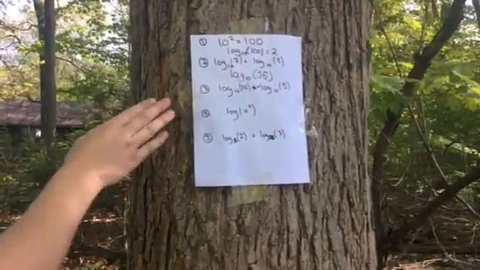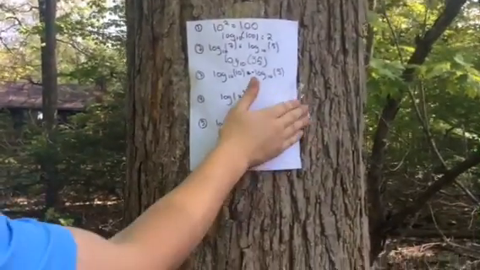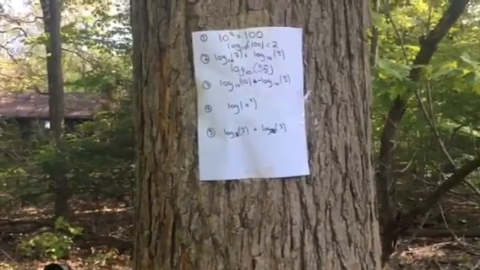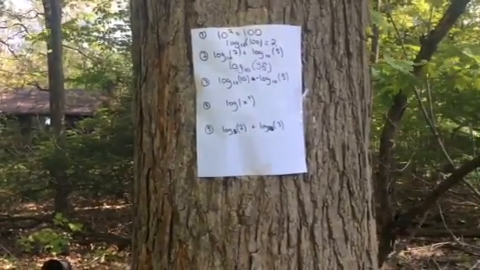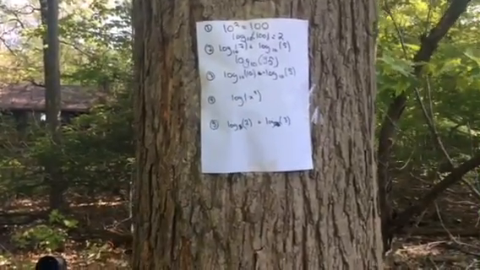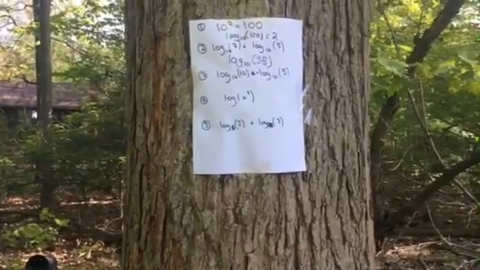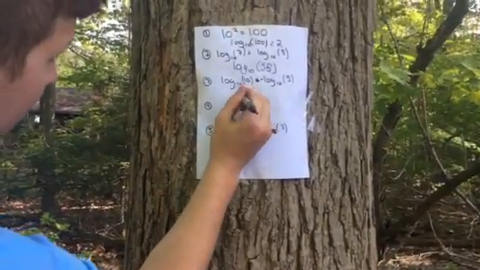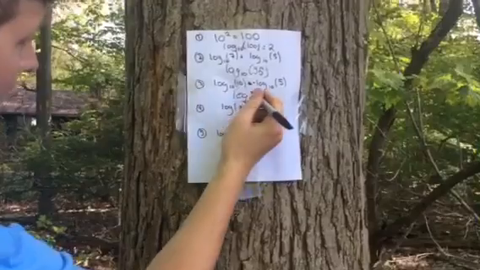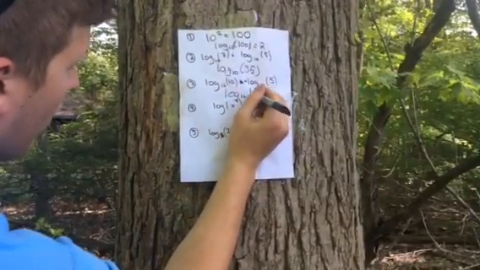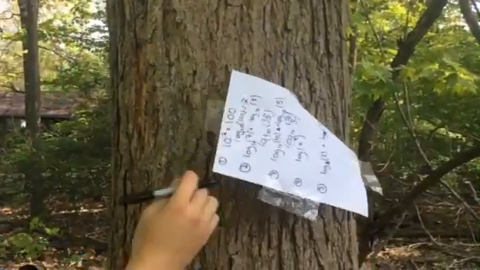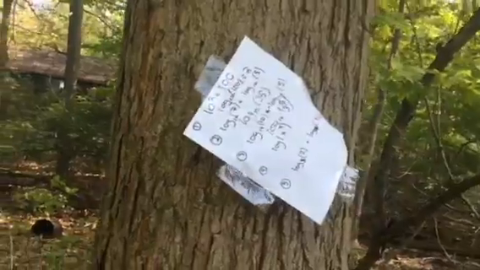Our third rule deals with subtraction and division. When having the same base, logs can be rewritten into one equation as log 10 over 5, which, when simplified, equals 2.